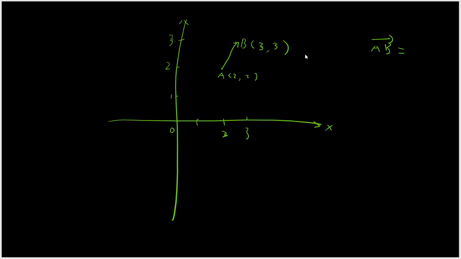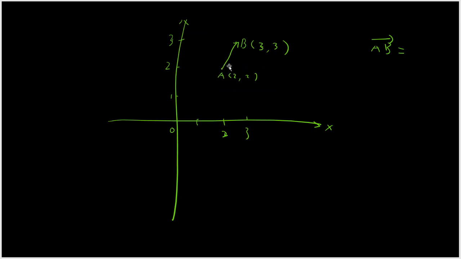One is right. Now let me tell you what I mean. To represent the vector AB, we are looking for a position vector that is equal to AB.